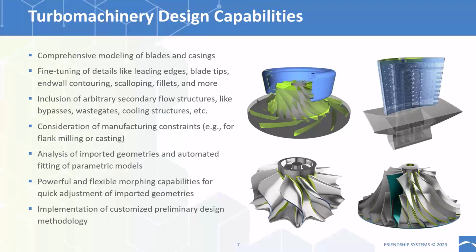Apart from the main flow path, you can also include arbitrary secondary flow structures, for example bypasses, wastegates, and cooling structures in a blade, as you can see in the picture. You can also consider manufacturing constraints in the modeling process, for example related to milling procedures like flank milling, or casting, the pullability of the geometry for cast parts.